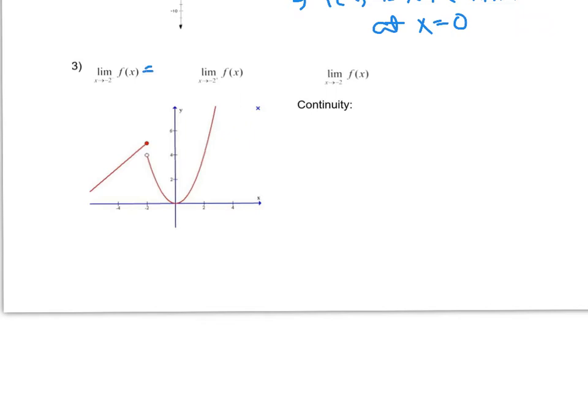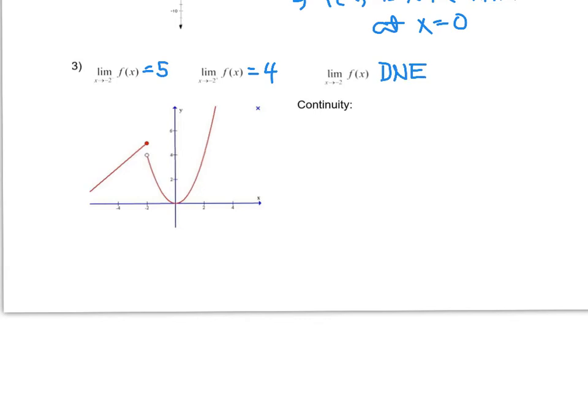So as I approach from the left side, I'm getting an answer of 5. Now, as I approach -2 from the right side, I see that that's giving me a limit of 4. So since the limit from the left does not match the limit from the right, that means that the limit as x approaches -2 does not exist.